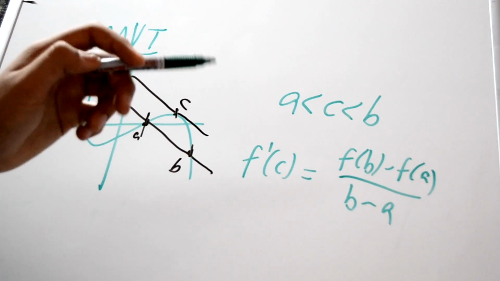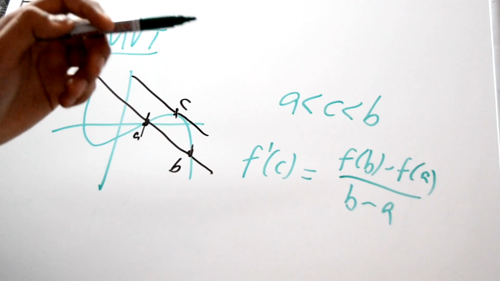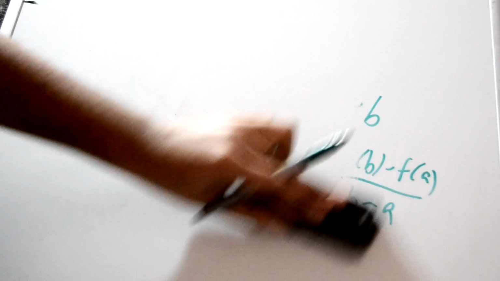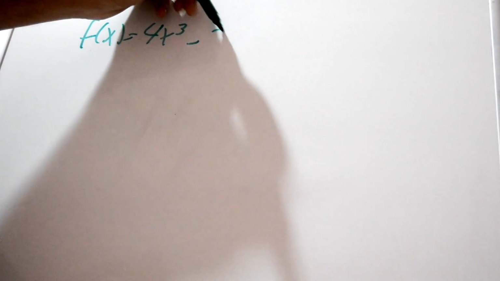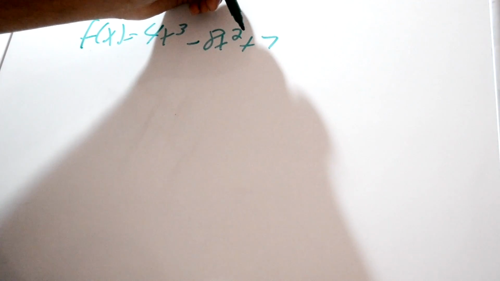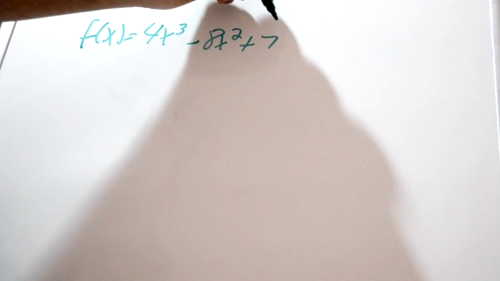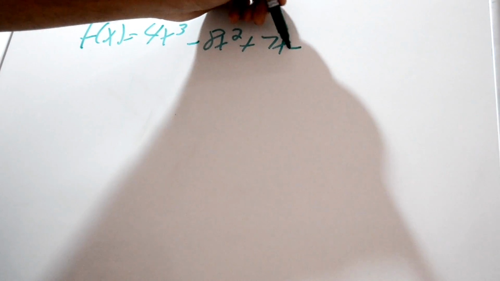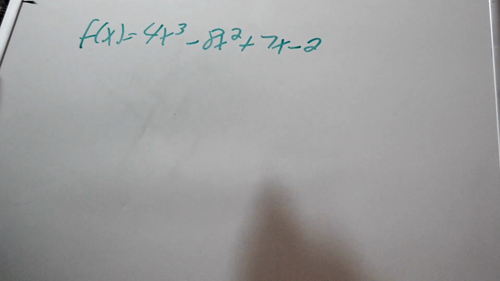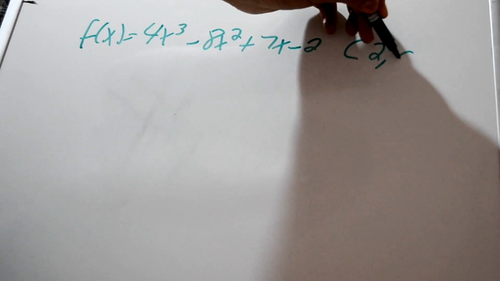That's very useful because when we have to solve a question on a closed interval, we can use the equation I just showed you. So we'll say f of x is equal to 4x cubed minus 8x squared plus 7x minus 2, on the closed interval 2 comma 5.